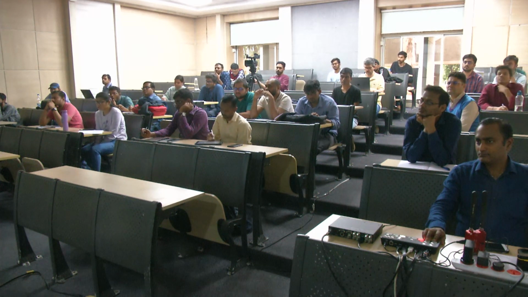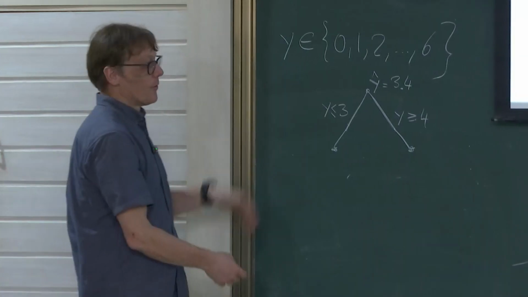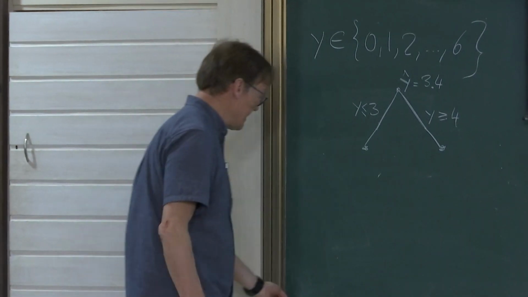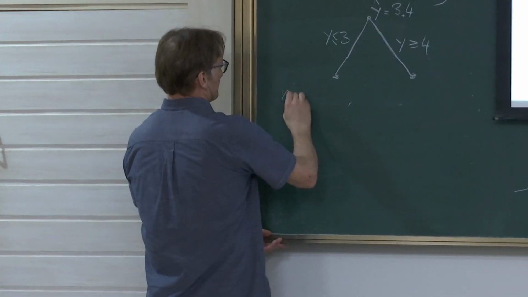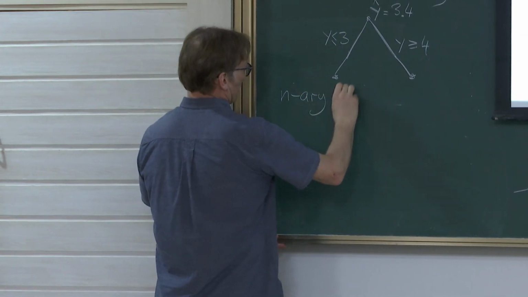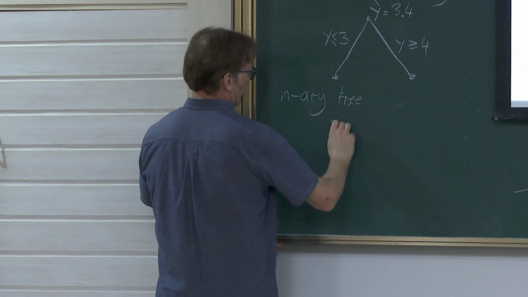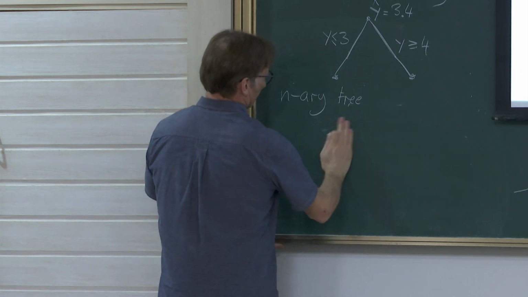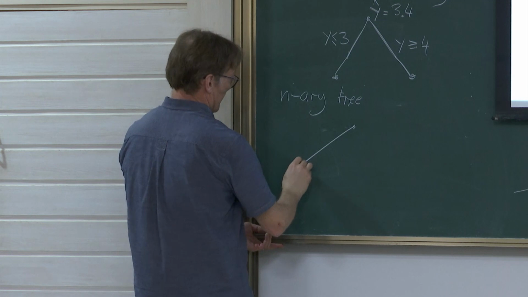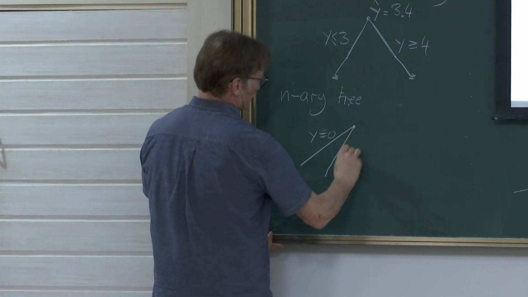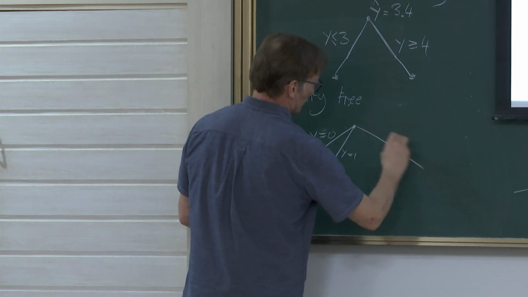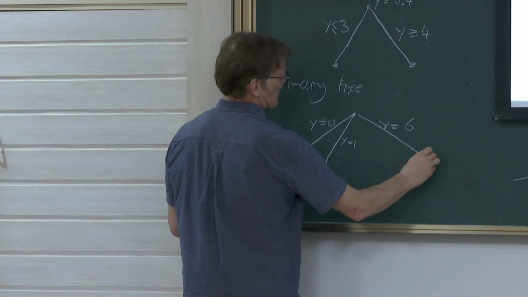This is sort of a binary tree, but you could also do an n-ary tree. So then you start off and you say y equals 0, y equals 1, up to y equals 6.